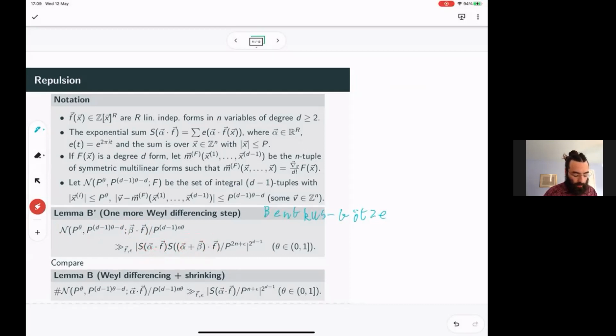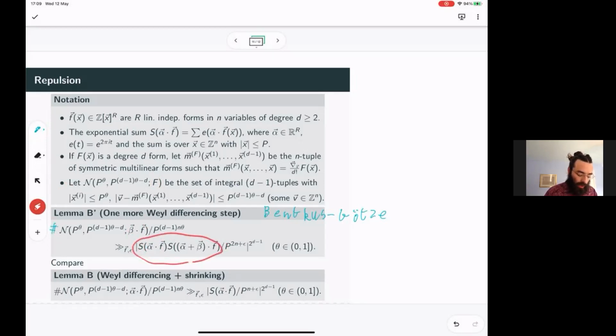forms. So if the exponential sum was large at alpha, then this system of Diophantine inequalities, whose definition is still up here, would have many solutions when we plugged in, as our form capital F, alpha dot F. And this, by Birch's argument, would give us rational approximations to alpha.